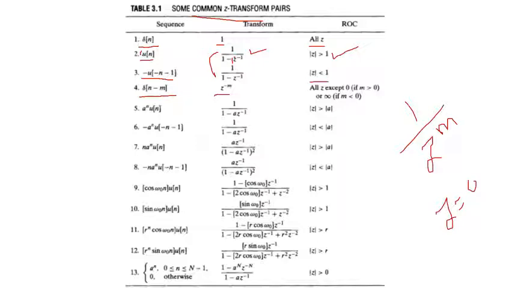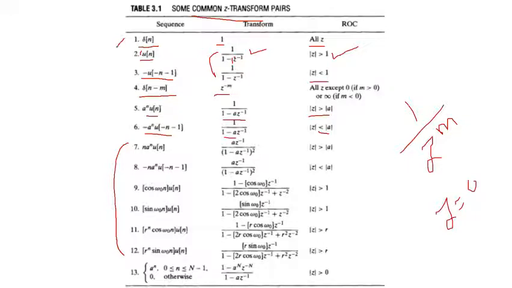For A raised to power n, u of n, you know what the Z-transform and region of convergence are. Now you can find the Z-transforms with the help of properties that we are going to discuss further.